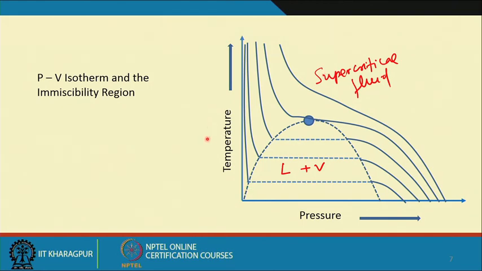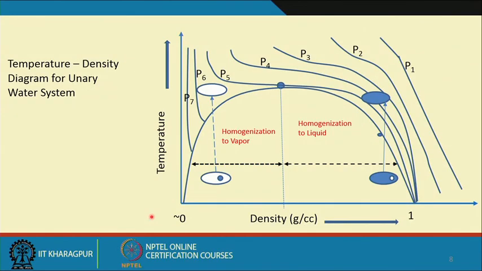So, this is the previous diagram, which was a pressure-temperature translation of this kind of PV diagram. This same situation can be understood from the boiling curve we discussed, and this is the critical point of water.